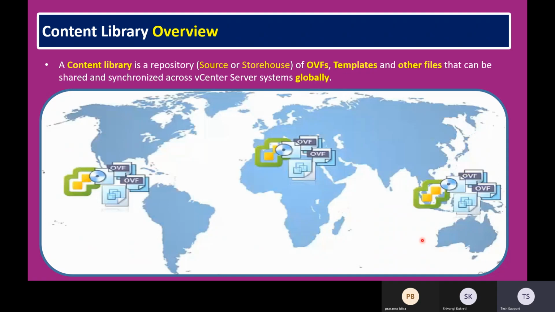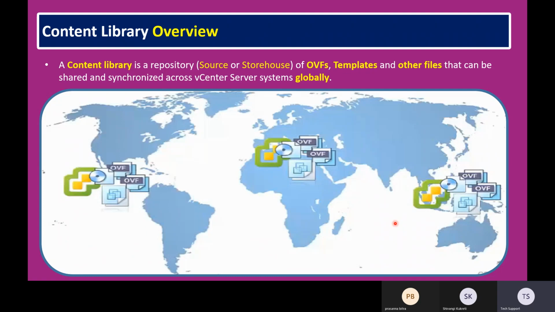Globally means the entire world. Our vCenters can be in any country. I just highlighted three vCenter servers in different locations. So even if you update your content library in one location, it will automatically synchronize to all your remote location vCenter servers. So that is the importance of content library.